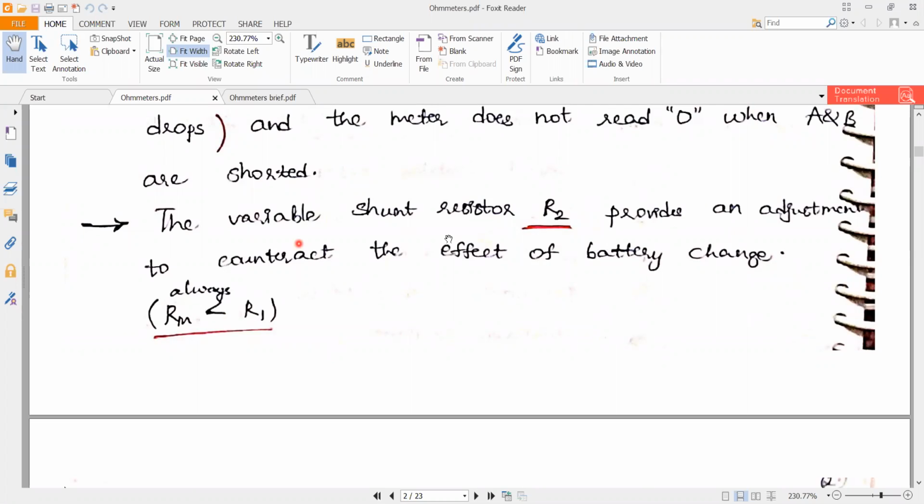Here, the variable shunt resistance R2 provides an adjustment to counteract the effect of battery changes. The meter resistance is always maintained less than the limiting resistor R1.